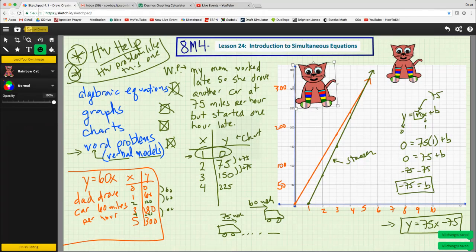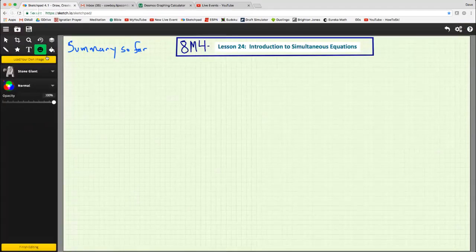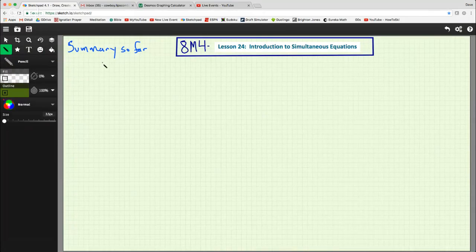Now the last thing we're going to do here is summarize what we've learned so far. The last 8 lessons talk about simultaneous equations.